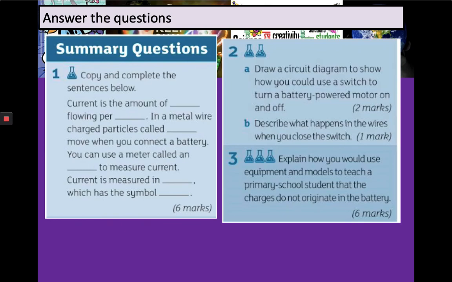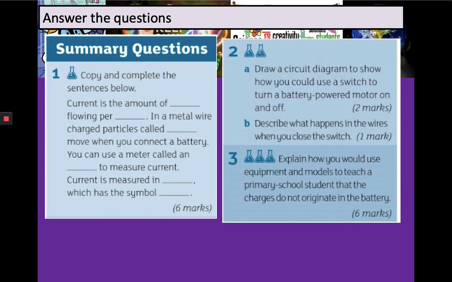So it says copy and complete the sentences below. Whether you want to have a look in the textbook while you're doing this, or if you're confident at having a go without, that's up to you. But if you want to, you need to have a look in Caboodle at the current and circuit page. And that will help you if you read the text and then try and fill in the gaps like it's comprehension.